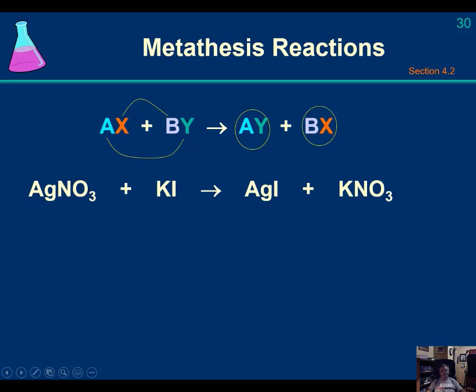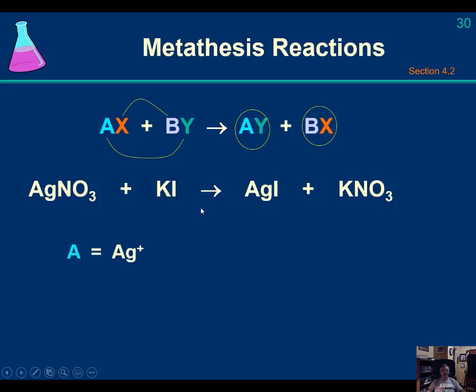Here's a real metathesis reaction. This is silver nitrate. It's a soluble ionic compound. Potassium iodide, also a soluble ionic compound. And they form an insoluble salt, which we call a precipitate, known as silver iodide, and then we have potassium nitrate, which is a soluble ionic compound.